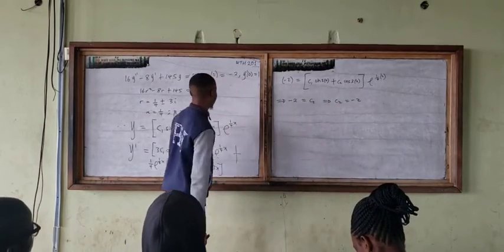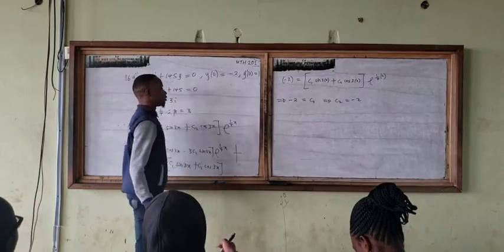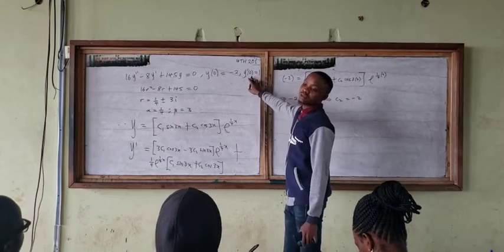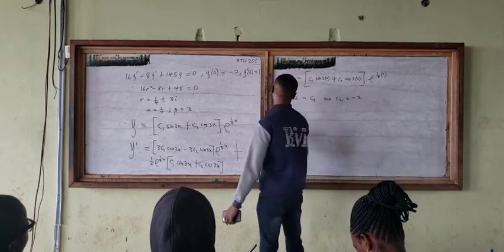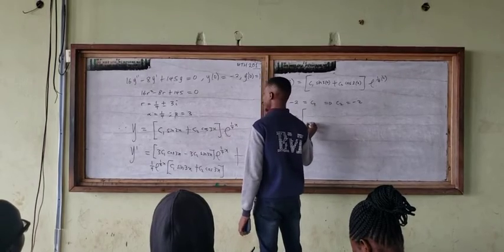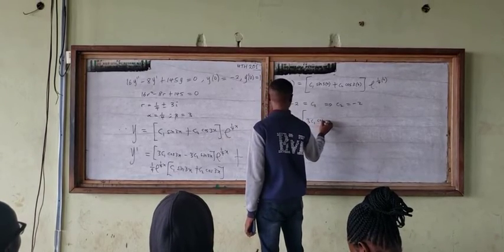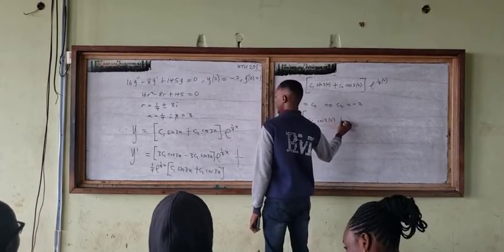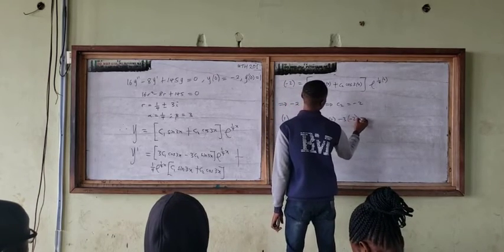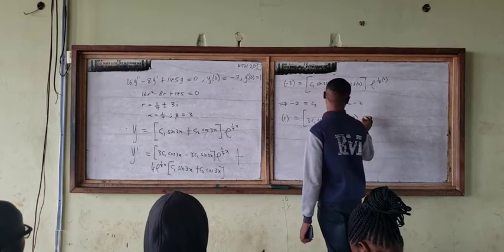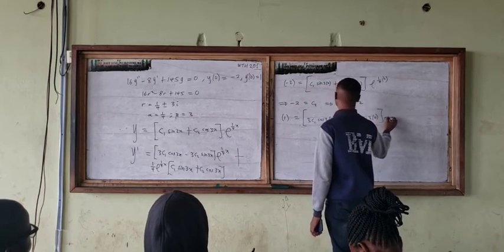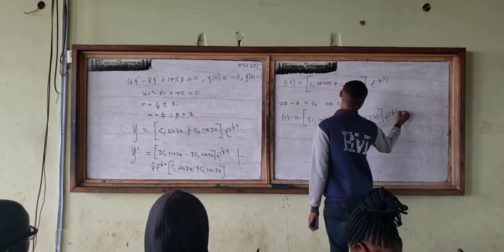Then we'll find c1 using the second condition. It says y prime is 1 when x equals 0. That means we have 3c1 cos 3 into 0 minus 3c2 sine 3 into 0, close the bracket, times e to the power 1 over 4 into 0.